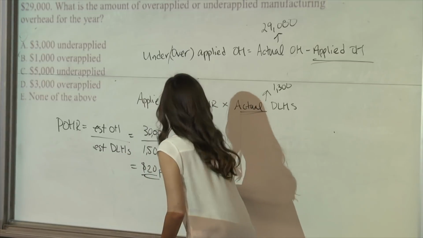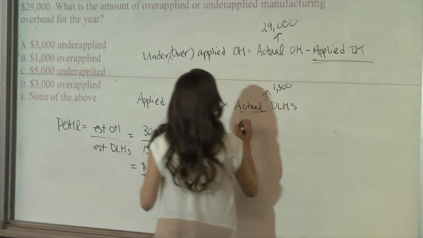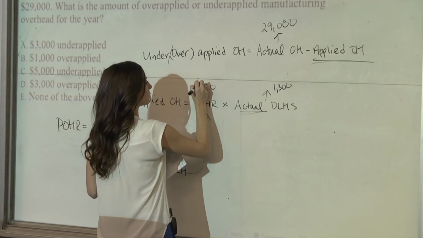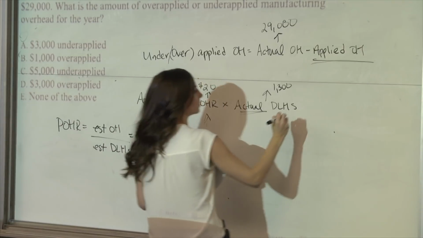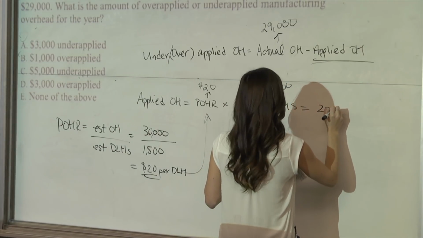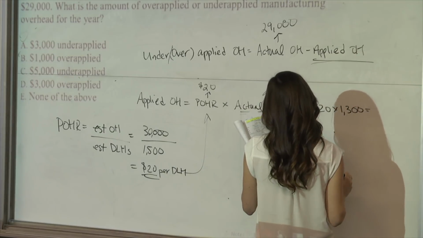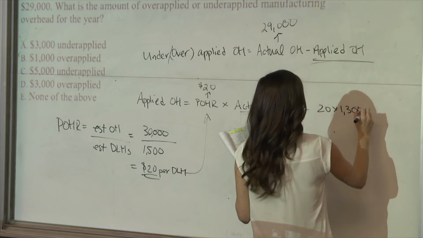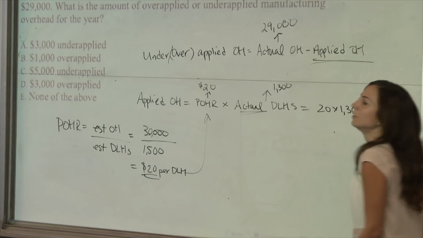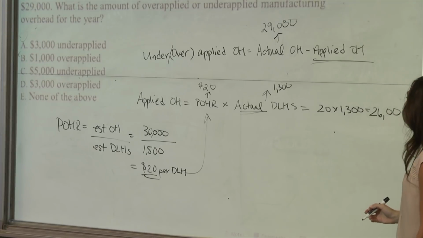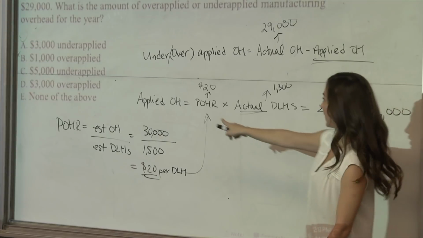Now we can bring this here, and we will get $26,000 of applied overhead.